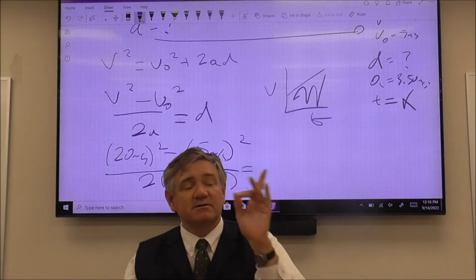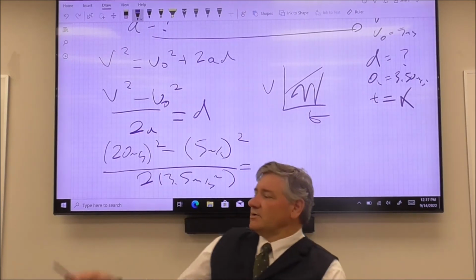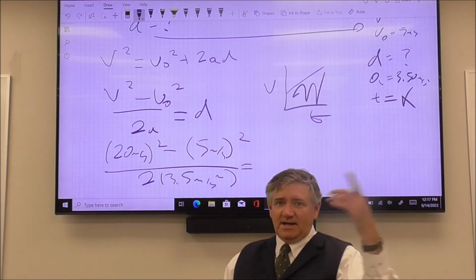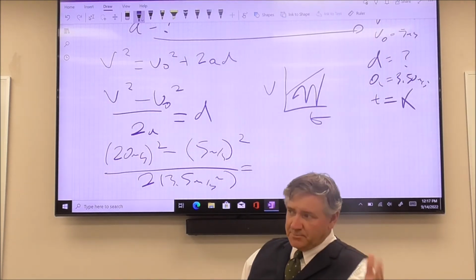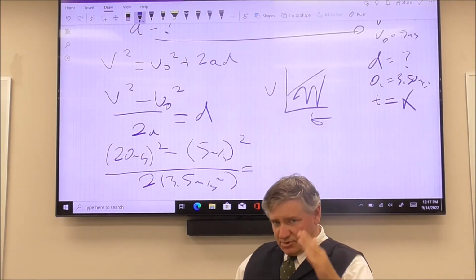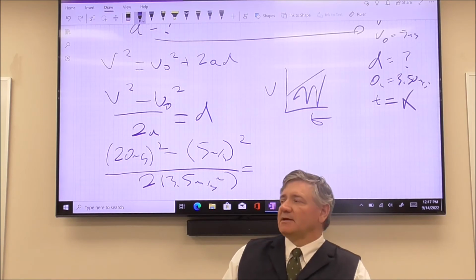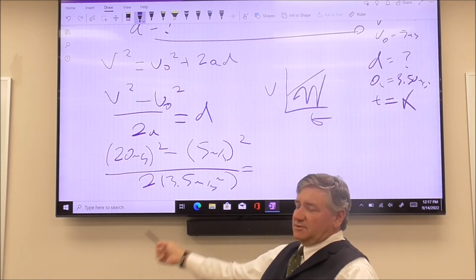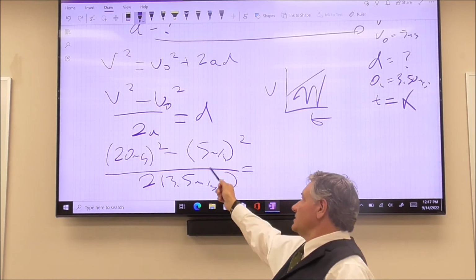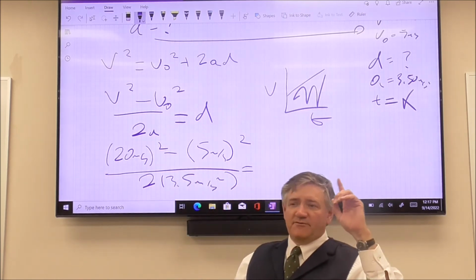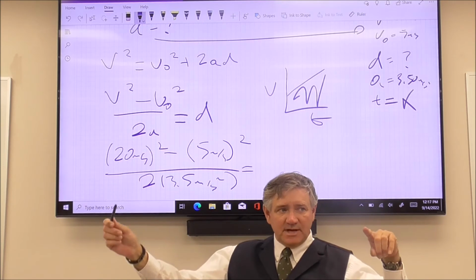Now, here's a cautionary tale. Don't take 20 minus 5 and then square it, okay? You have to square them separately, subtract, and then divide. Now, when you do this division, be careful how you input that on your calculator. Don't divide by 2 and then times 3.5.